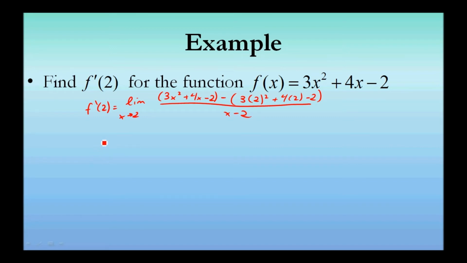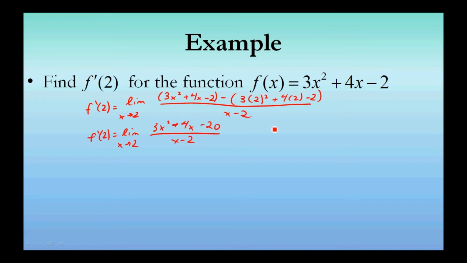So, to continue, we simply multiply everything out. So f prime of 2 is the limit as x approaches 2 of 3x squared plus 4x minus 20, because these all become just the constant factor resulting in a minus 20, over x minus 2. So how do we simplify this further?